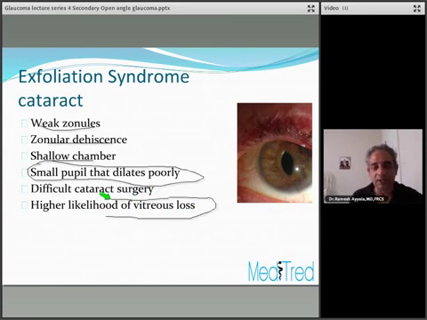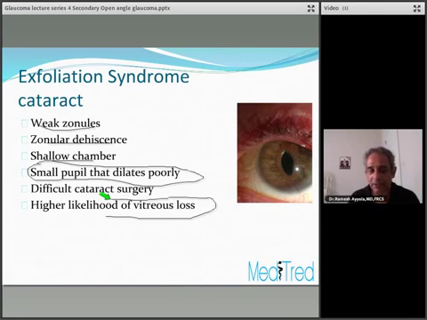These patients, some techniques and experience is needed for you to master cataract surgery in these patients with exfoliation syndrome. Here is a particular patient of mine who presented with a dense 4+ brunescent cataract with pseudoexfoliation and subluxation.